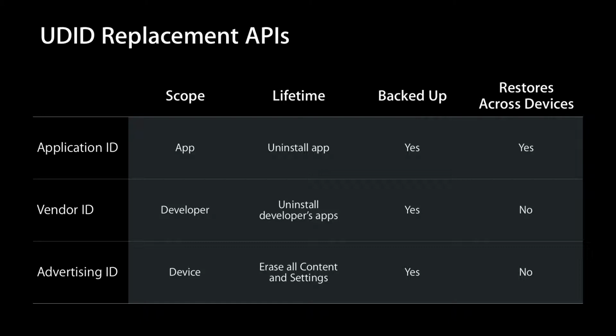But just remember, these identifiers don't last forever. They are backed up. In most cases, the vendor ID replaces the old UDID. And just a word of caution, the advertising ID, if you use it, just remember, users can reset it at any time. We also cranked up privacy protection in iOS 7 in a few other ways.